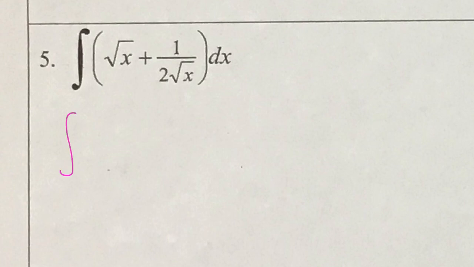So the root x becomes x to the 1/2 power, and only this part of our thing is raised to a power. Okay, so we have 2 times x to the 1/2.